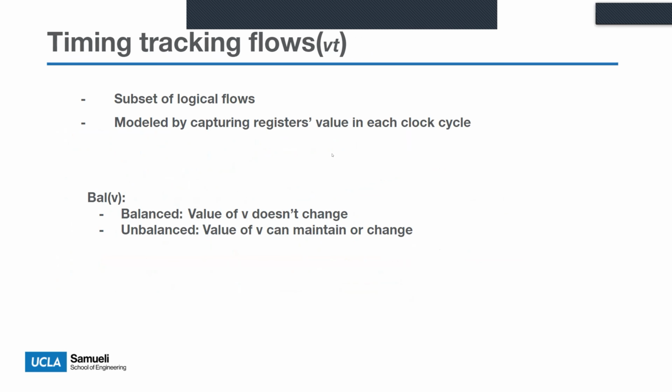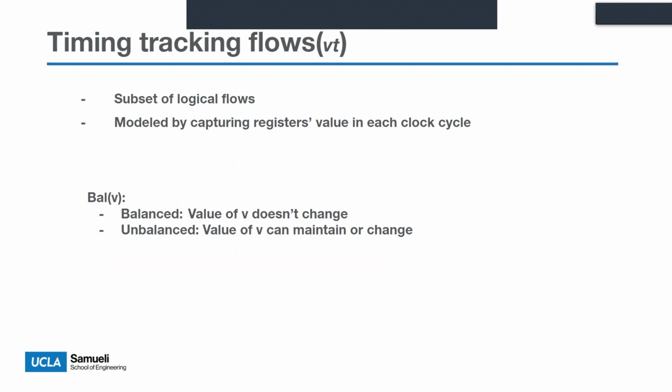Next I will explain the timing tracking flow labeled VT. The timing flows are actually a subset of logic flows, and can be modeled by capturing how registers are updated at each clock cycle. To operate the timing flows, they use the syntax BAL V to capture the changes in the design registers.